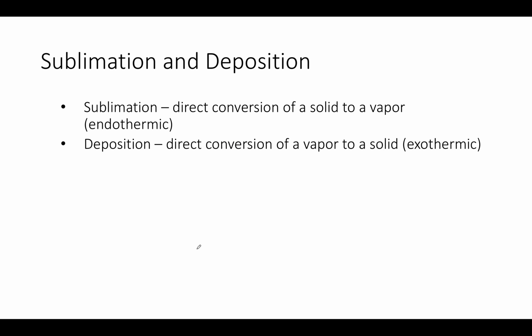So there's two other changes that we could talk about. The first one being sublimation. This is when you go straight from a solid to a vapor or a gas. That's a positive value. We're going from left to right. We're absorbing heat. Deposition is the exact opposite.